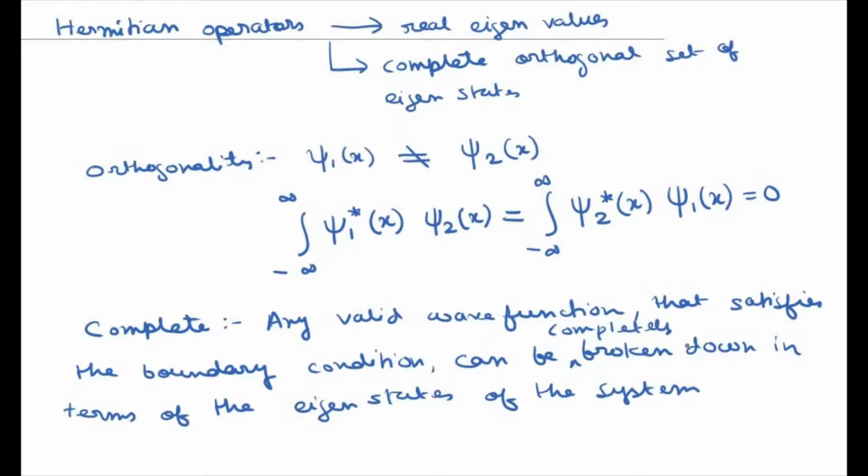Now let us say that I have a wave function, let us call it beta x, and I am expressing beta x in terms of the sum of the eigenstates of the system.